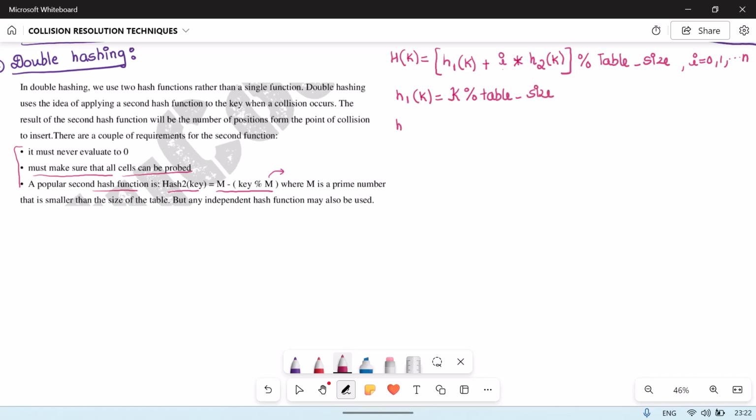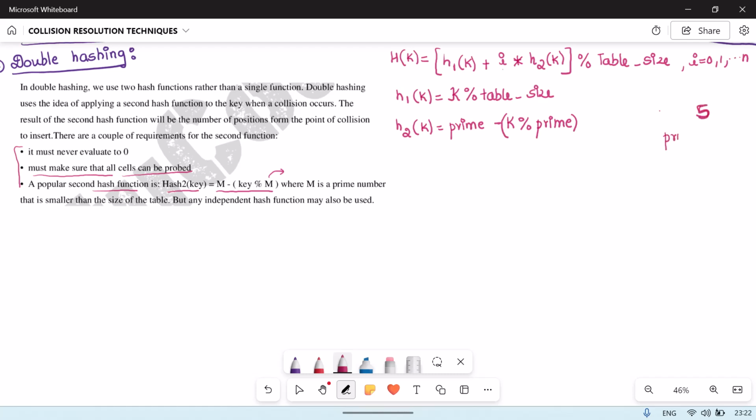But the interesting part is with h2 of k. h2 of k is the nearest prime number minus k mod that same prime number. Now, what prime number am I talking about? See, suppose the table size is 5. Suppose the table size is 5.